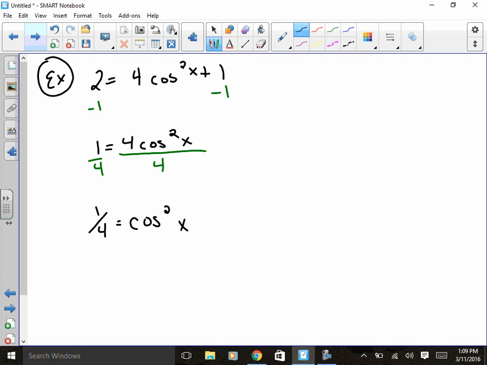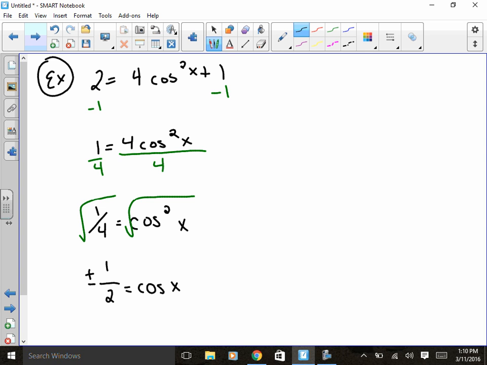I need to get rid of that square. So in order to get rid of that square, we have to take the square root. So when I take the square root of this, I get plus or minus 1 over 2. Now, when you take a square root, you're going to get the positive and the negative, which is what happened here. So now I need to go to the unit circle, and I'm going to have more options here because I'm plus or minus.